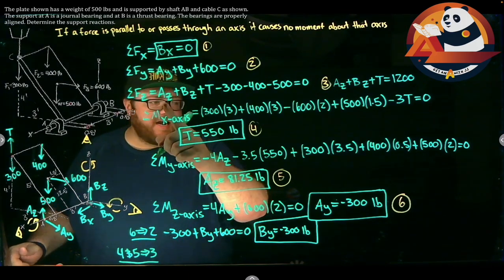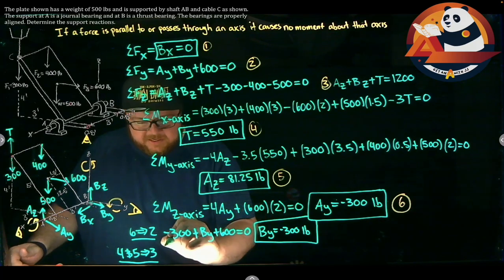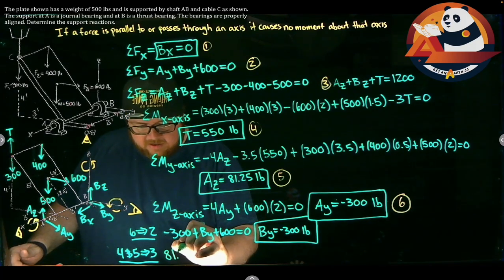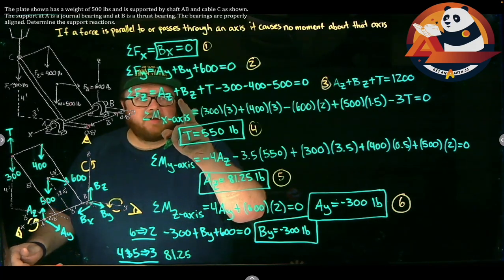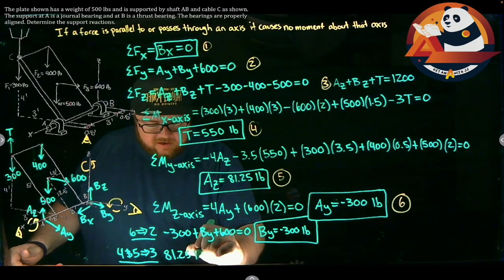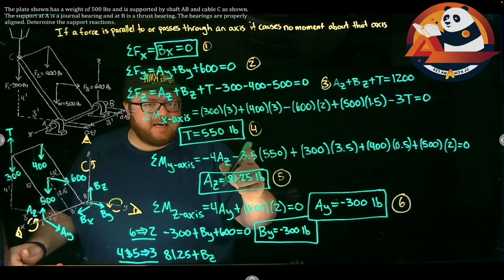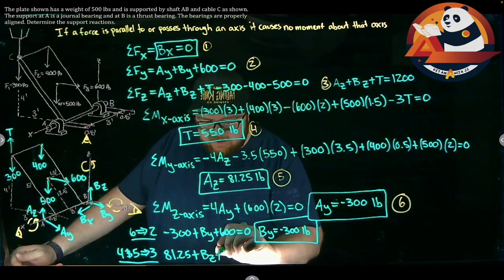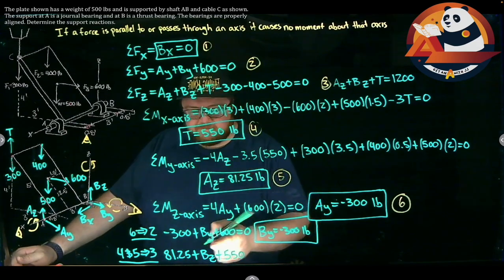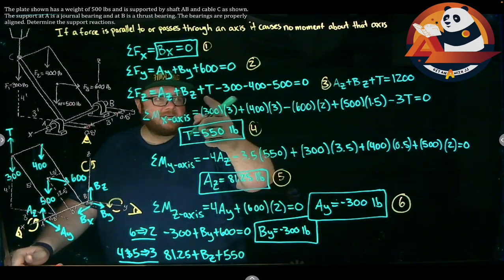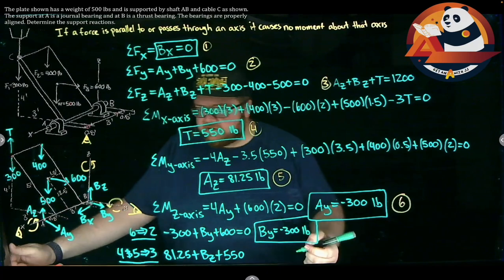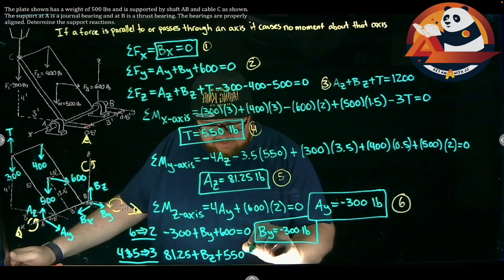This is going to get me AZ, 81.25, plus BZ, which I don't know, plus T, I know T is 550, equals 1,200.